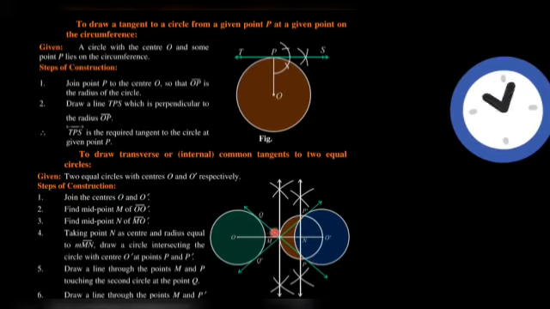So this extended line also touches the circle with center O. Now draw a line through the points M and P prime. This is M and this is P prime. I drew a line. This is a tangent touching these two circles, a common tangent.